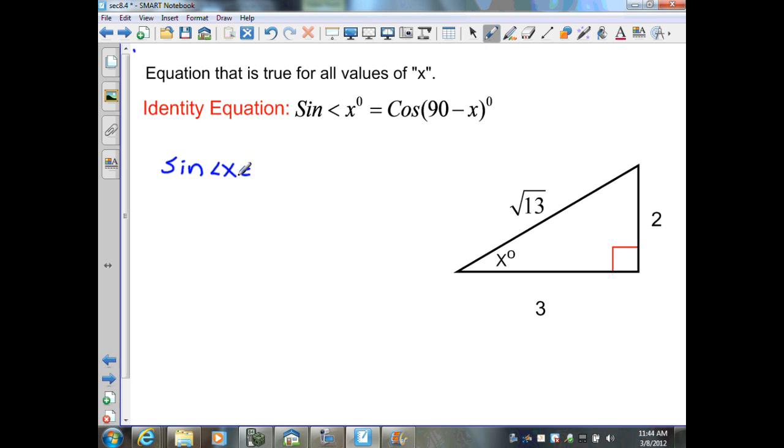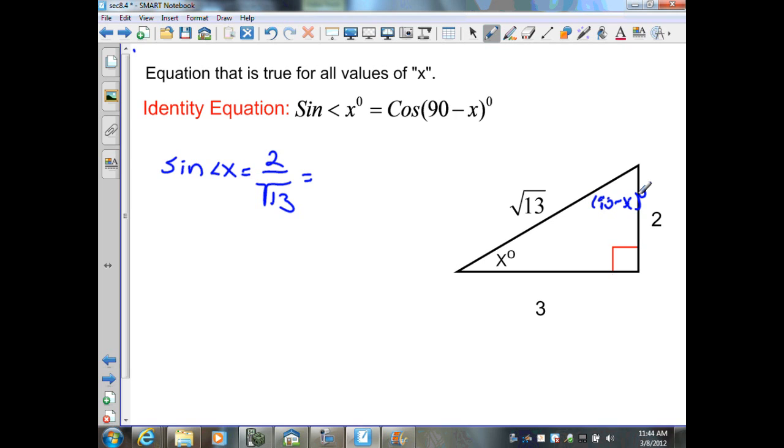that equals, when I set up opposite, which is 2, over the hypotenuse, which is the square root of 13, is equal to the cosine of this complementary angle, which is 90 minus x.